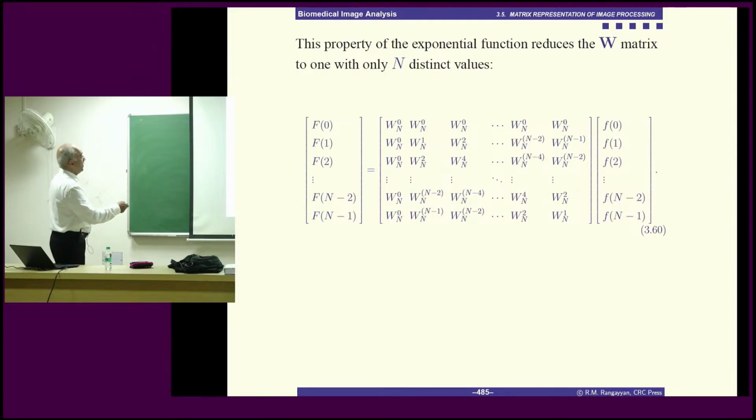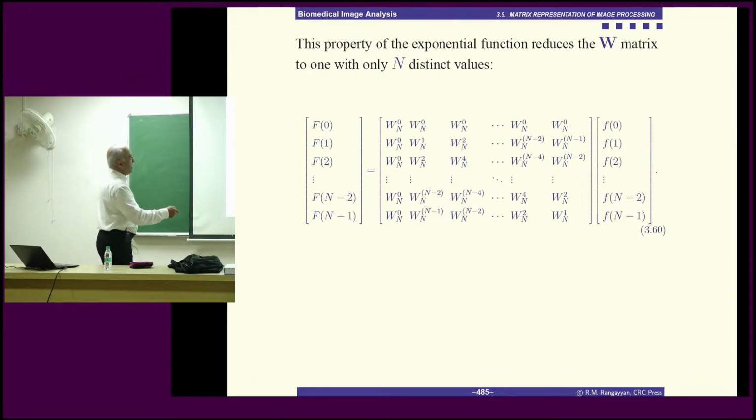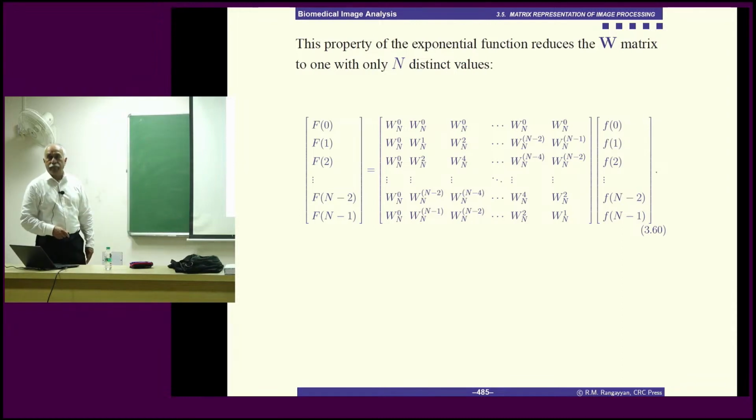So the transform DFT going 0 to n minus 1, the input signal going 0 to n minus 1, you only have these values. W_n to the power of 0, 1, 2, 3, so on, n minus 1, and the same values repeat. So that is the DFT matrix.